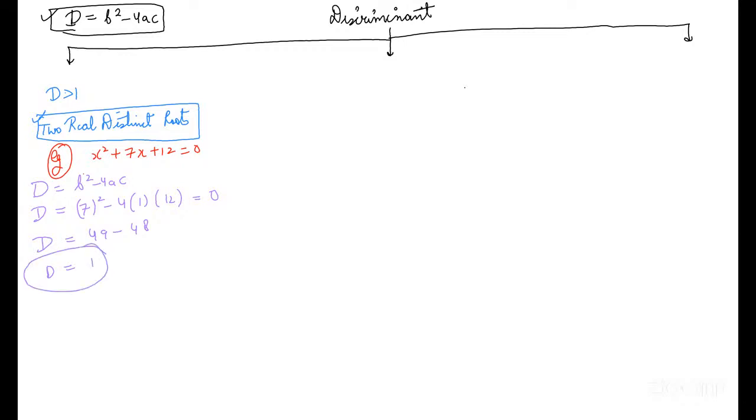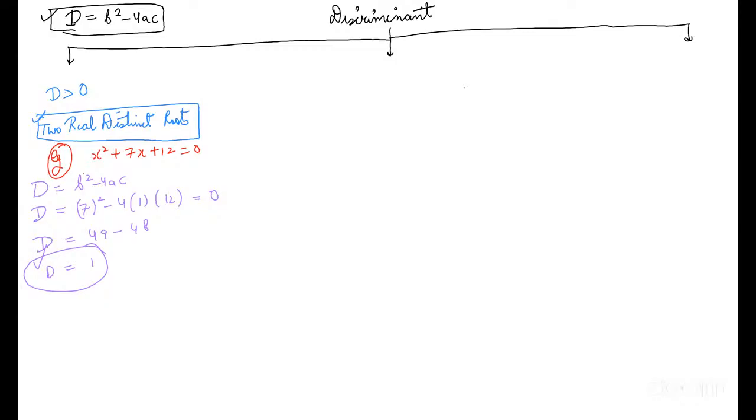So here I'm getting the value of D greater than 0, so I will get two real distinct roots. Distinct means different roots.